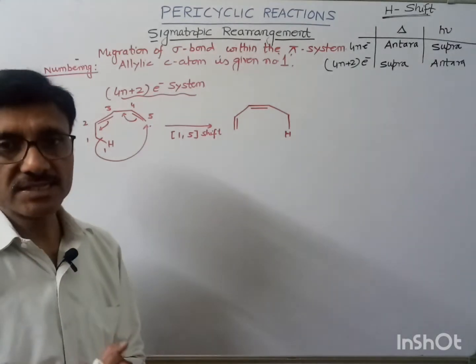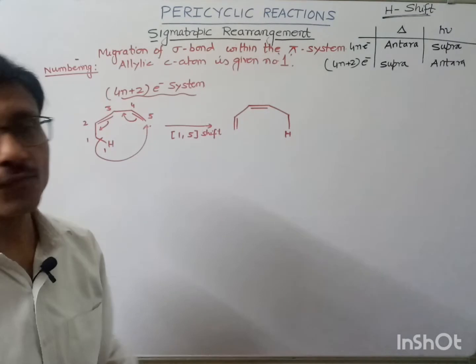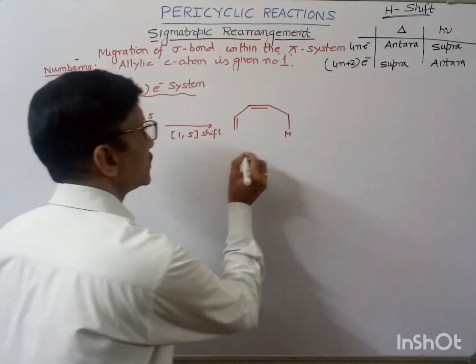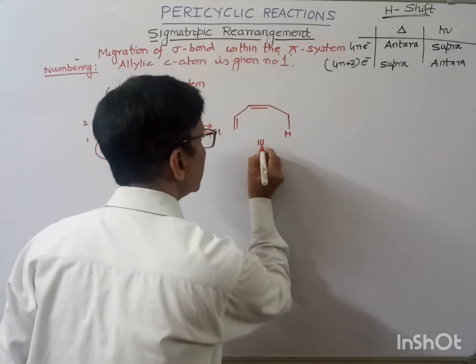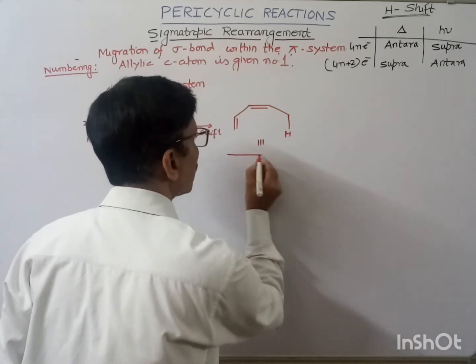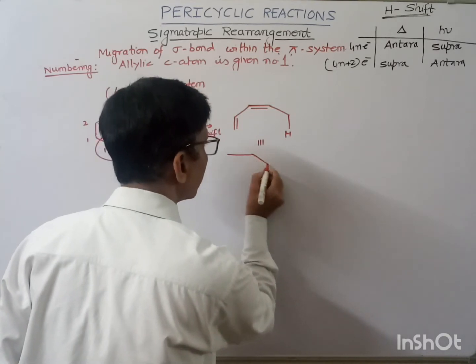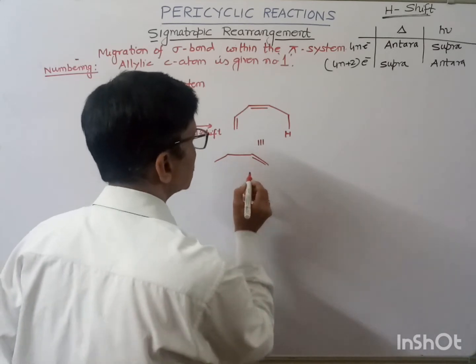Now how can we analyze this reaction? We will analyze in a similar manner to the 4n electron system. Let us see that suppose it forms a radical.